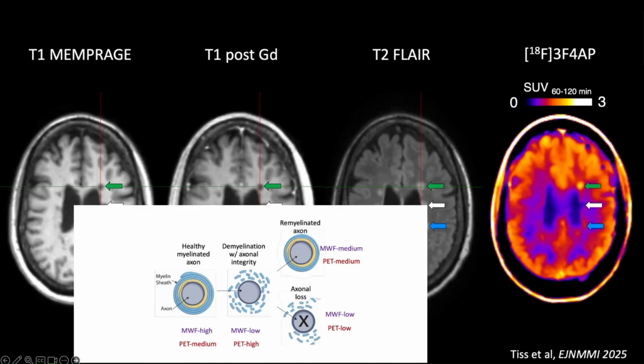So that's what we think is happening here. This lesion is remyelinated. If they remain demyelinated for a long time, they may degenerate. You have axonal loss. In that case, your PET signal will drop. So what we think is this is telling us differences between these lesions where one has a lot of demyelination, in the other the axons are lost, and the other has been remyelinated.